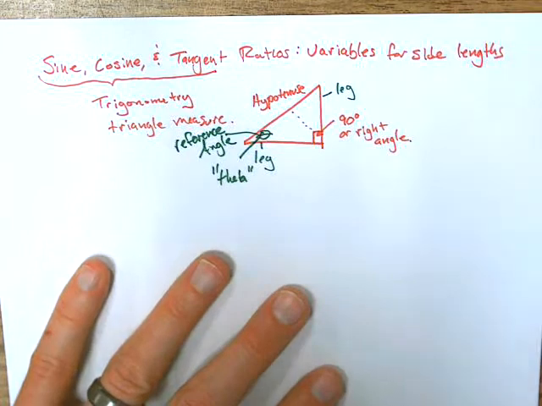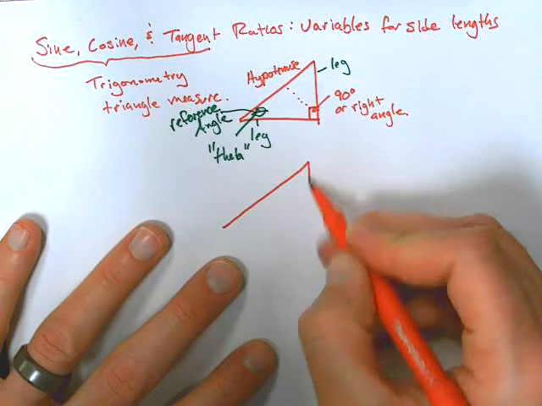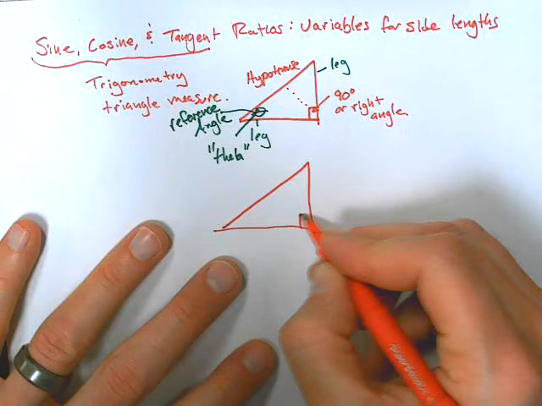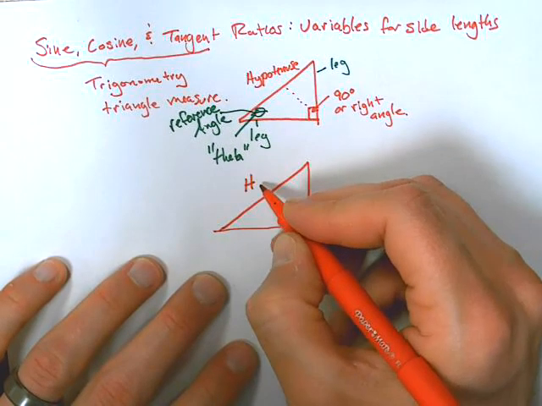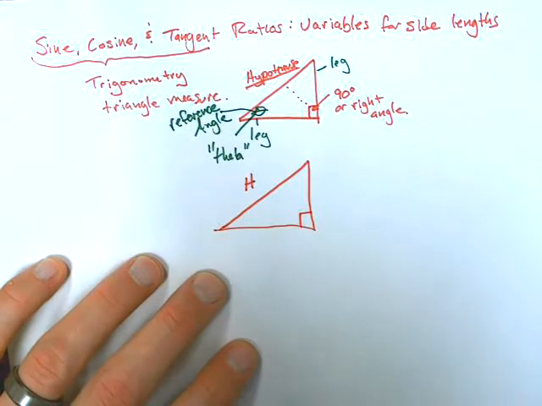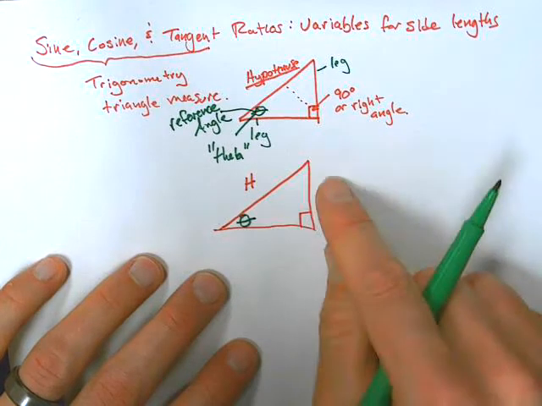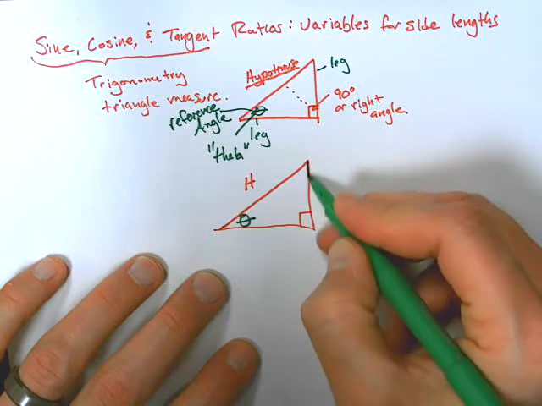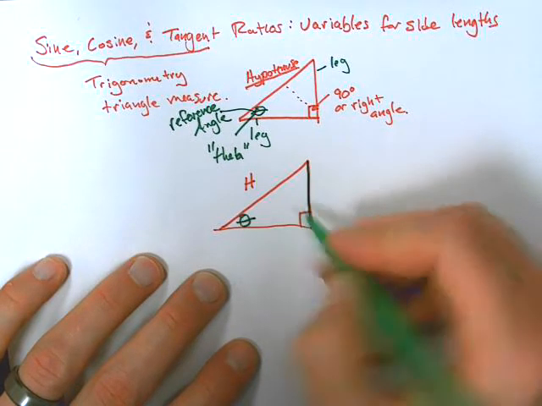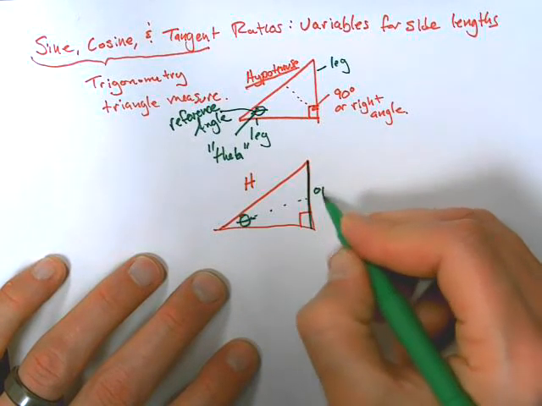So just so that we can declutter this picture, let's draw another right triangle. Okay, same setup. I'm going to use the letter H for the hypotenuse. Okay, so H for hypotenuse. And if I have my reference angle theta over here, now these legs have very specific names. You'll notice this side of the right triangle is opposite or across from this reference angle, so this side would be called the opposite.